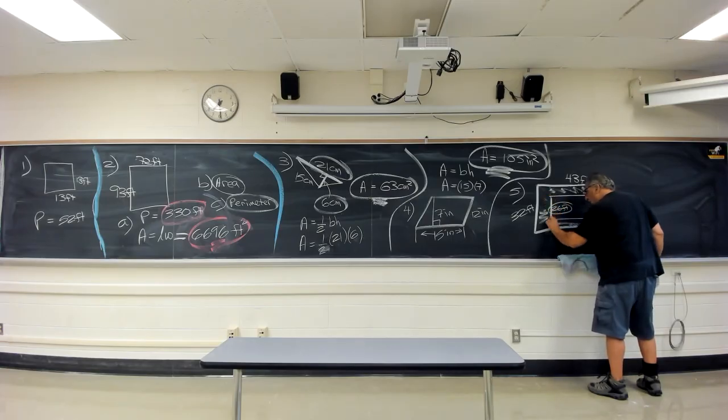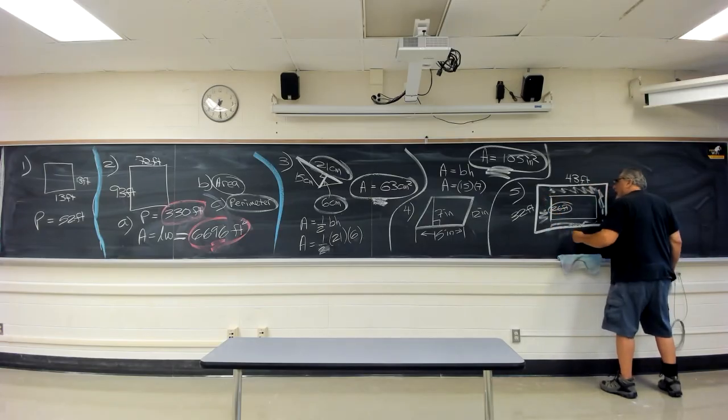Right here for this guy, if it's 3 this way and 3 this way, 3 and 3 is 6. 43 minus 6 is 37. And that's this.